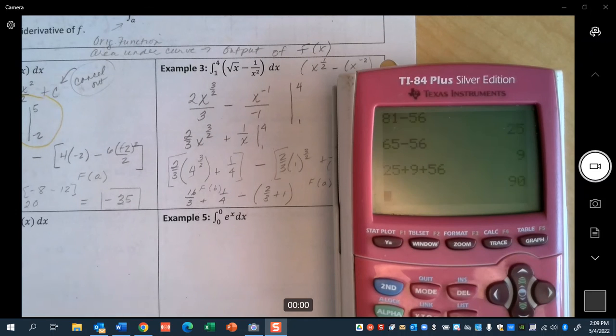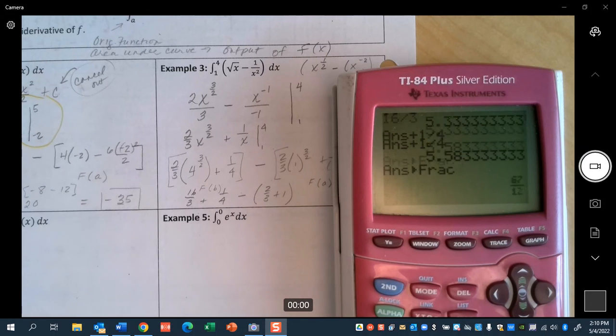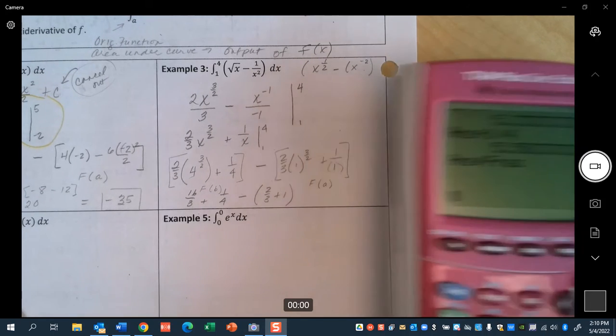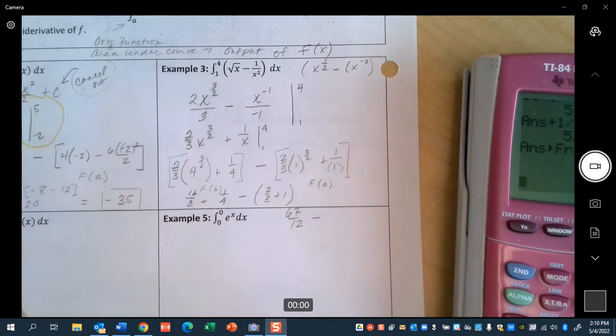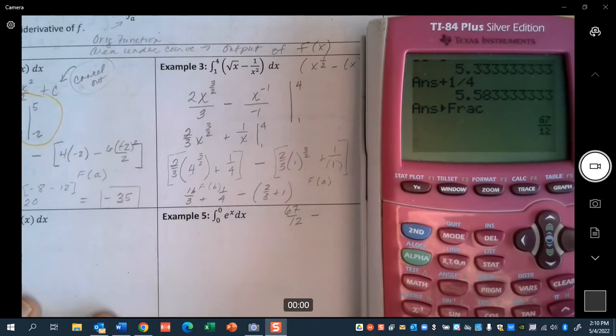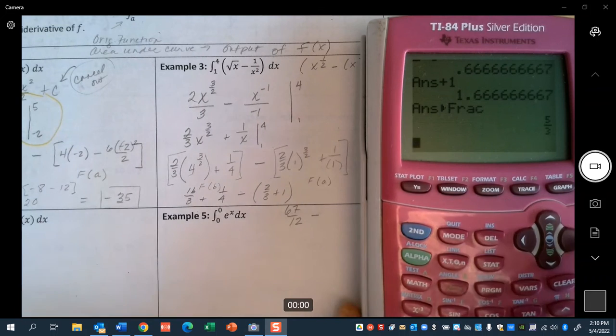It's AP season. 16 divided by 3 plus 1 divided by 4. Math fraction, that's 67/12. Minus, if you're fuzzy on 2/3 plus 1, 1 and 2/3, math frac, 5/3.